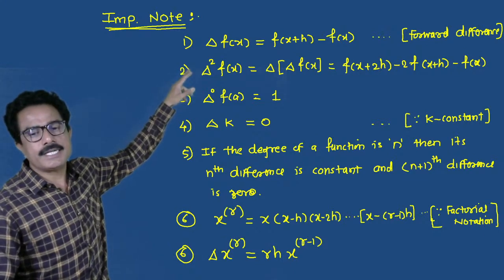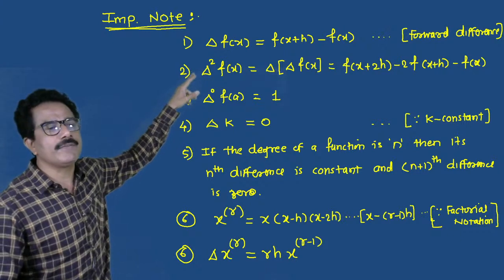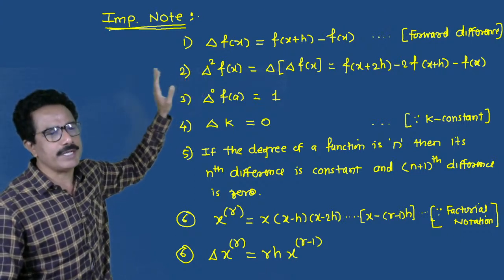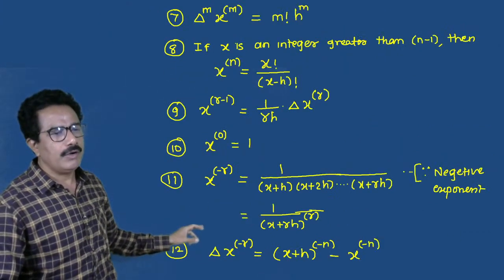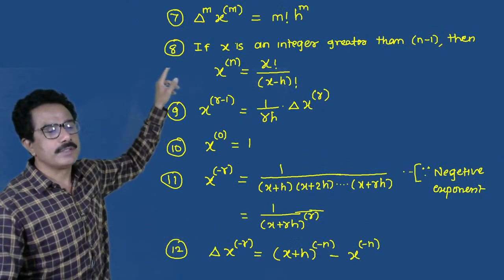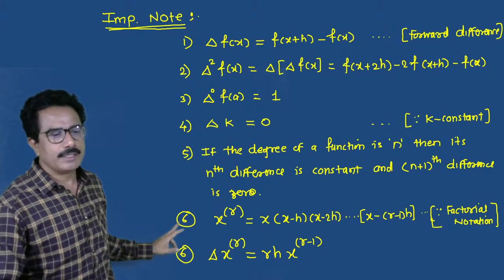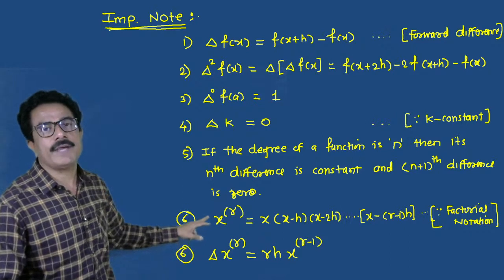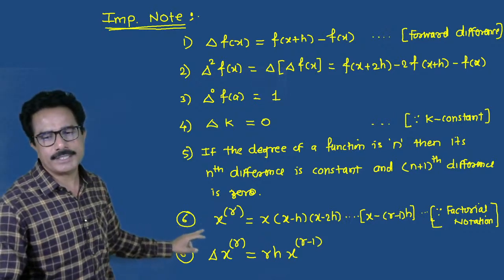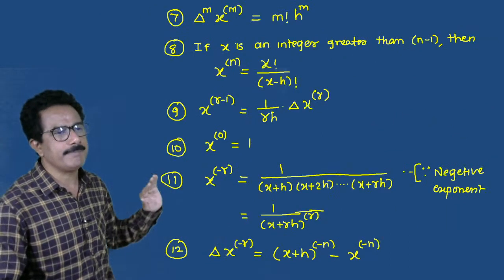See, this is delta, the forward difference, equal to f of x plus h minus f of x. All these things you must know. Now this is x raised to r factorial function, which can be written as x minus h in this way.